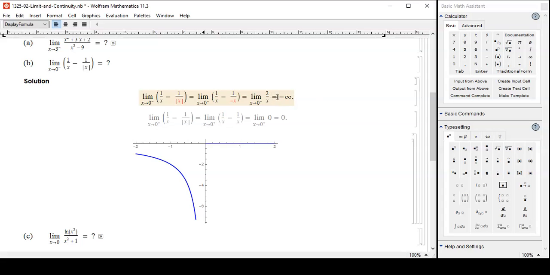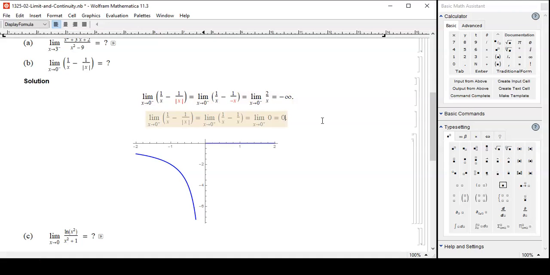So you end up with basically 2 over 0 minus. Yeah, so that's negative infinity. You see, something over 0, so the absolute value, the number part is blowing up to infinity, but it's negative side.